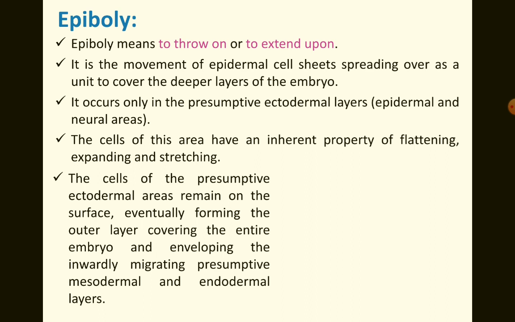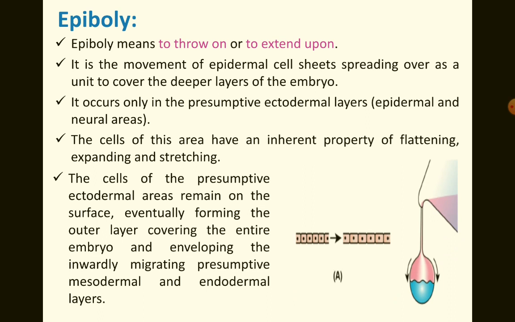Now why are these characters very important? They are important because when there is a need for these epibolic movements, the cells have to expand, stretch themselves and cover the whole embryo. In doing so, the cells become flattened, and hence these are the three basic features of cells which undergo the process of epibole.